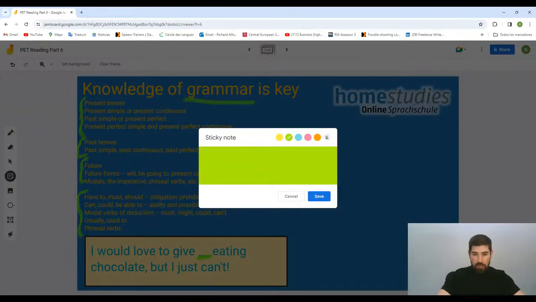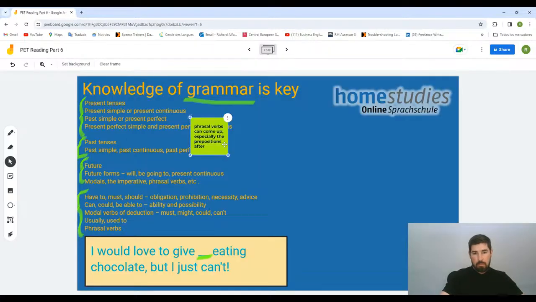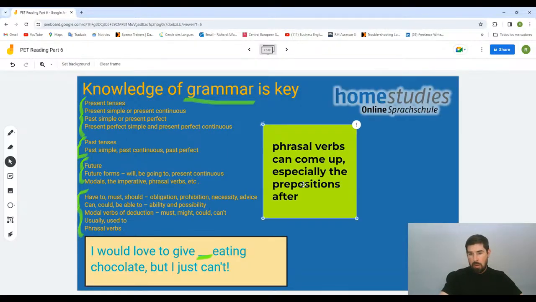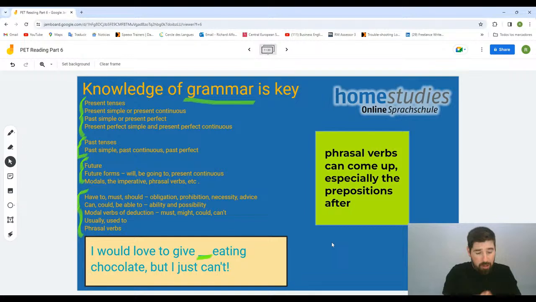Well, you can see here that I've written that phrasal verbs can come up, especially the prepositions after. So that is my clue. It is especially the prepositions.